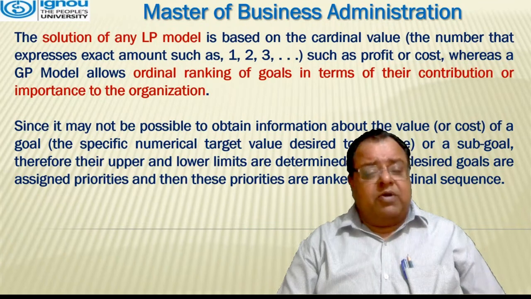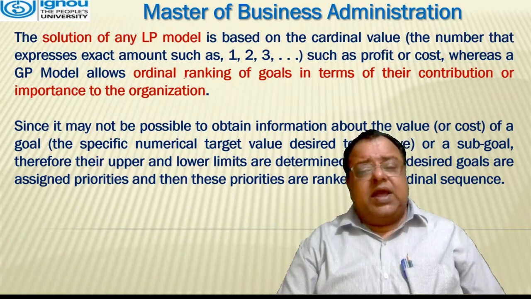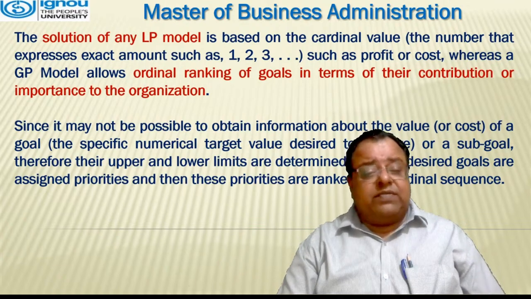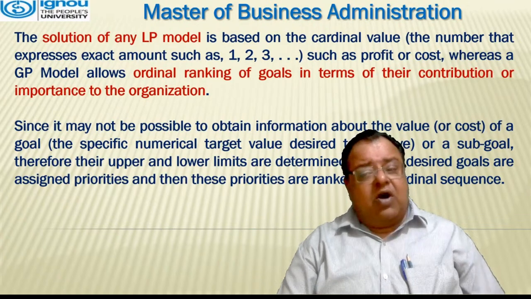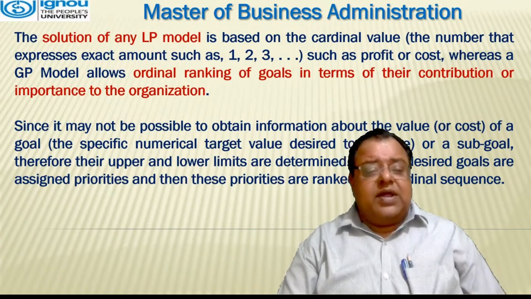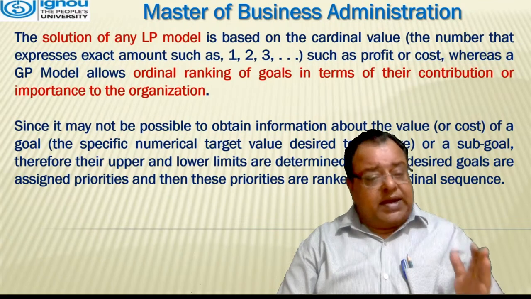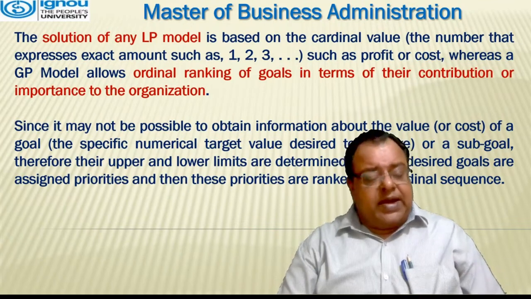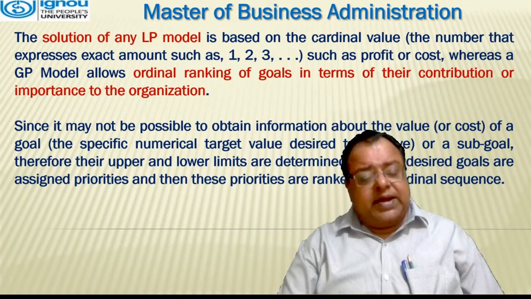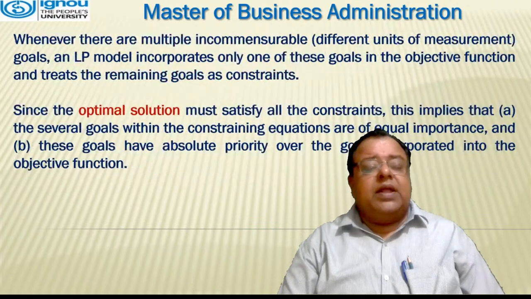Since it may not be possible to obtain information about the value or cost of a goal, the specific numerical target value desired to achieve, or a sub-goal, their upper and lower limits are determined. Usually, desired goals are assigned priorities, and then these priorities are ranked in an ordinal sequence.